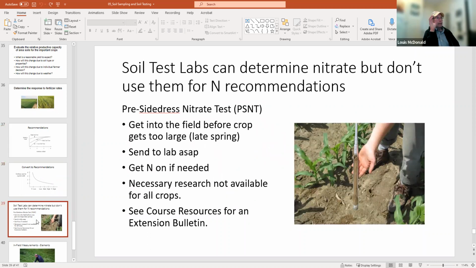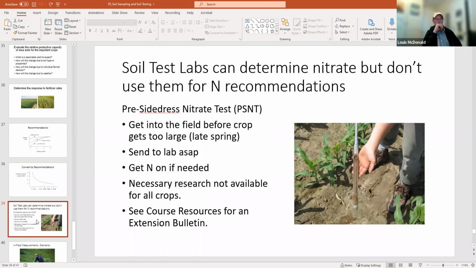So I want to emphasize again that soil test labs can determine nitrate, but they don't, because nitrogen undergoes too many changes microbiologically.